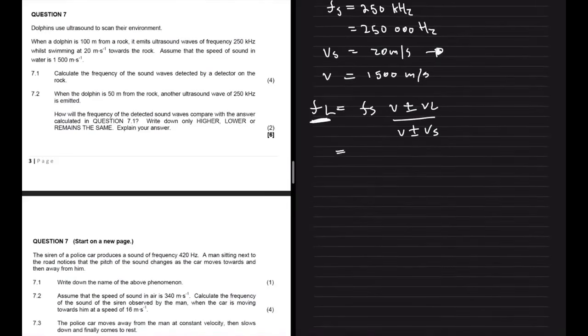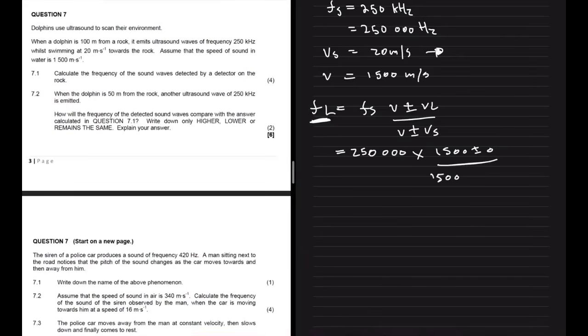The frequency of source is 250,000 hertz multiplied by 1,500, the speed of sound in water. And the listener is stationary, so you can have plus or minus 0, it wouldn't matter. And on the denominator we have 1,500 for the speed of sound in water.